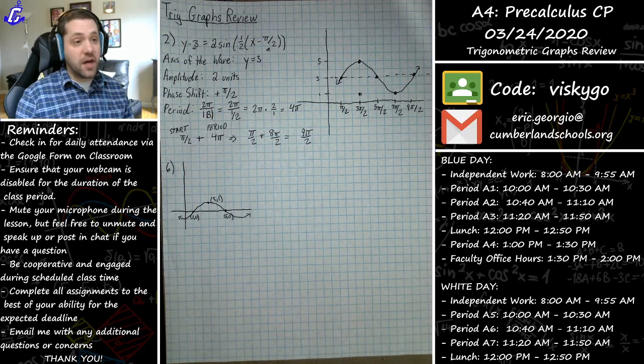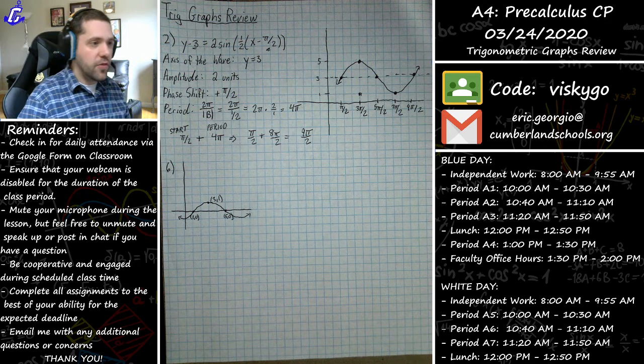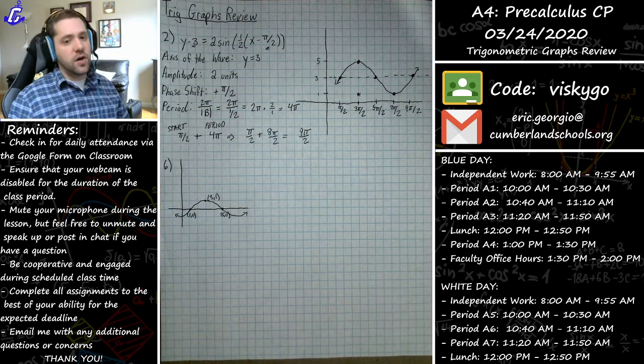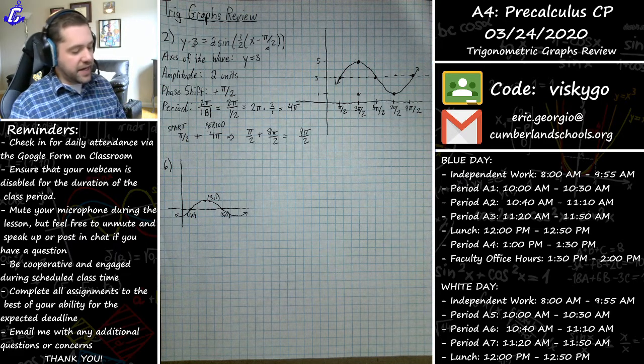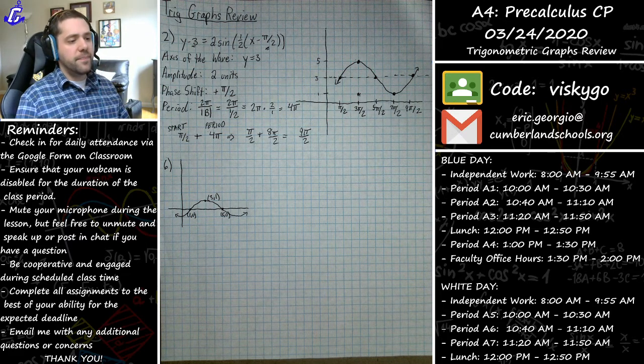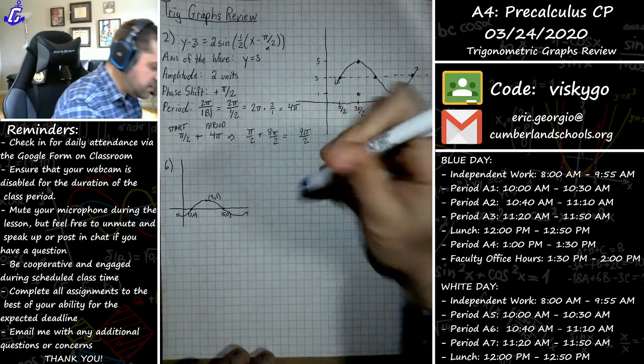We're asked to come up with an equation that can model each graph. What I'm going to do for you is do it from those 3 different points. So regardless of whether you're working with sine, cosine, negative cosine, it's all about finding those attributes.